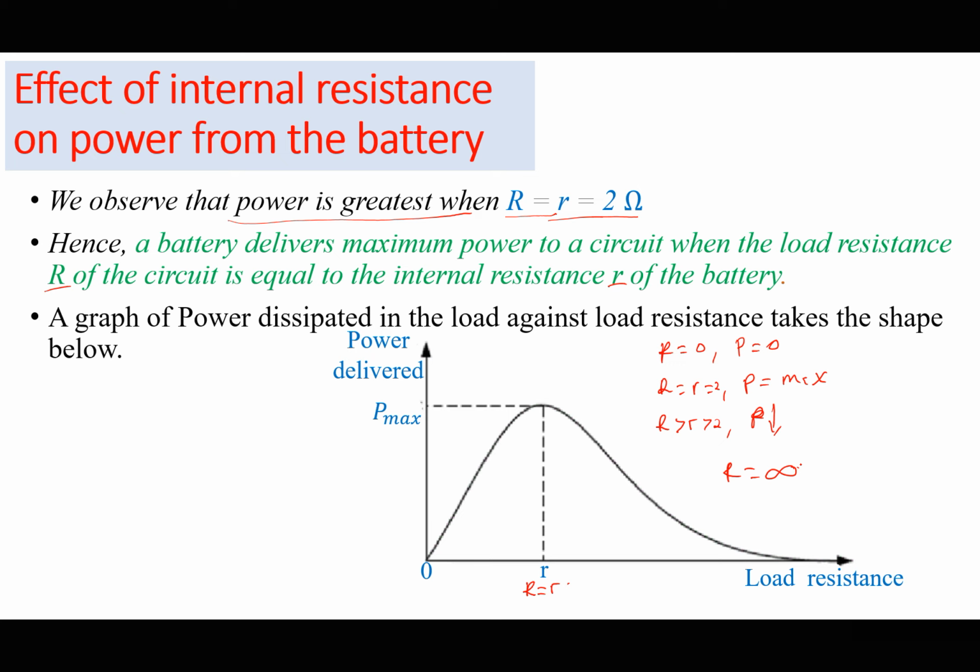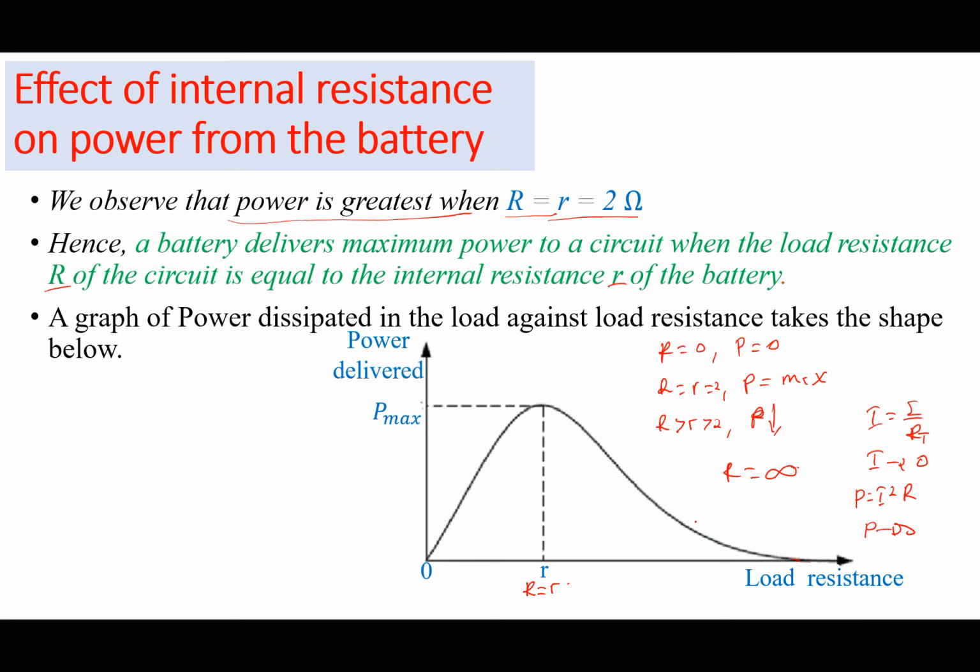When R equals infinity, the current equals 0, because remember, current is equal to the EMF over total resistance. So when R tends to infinity, the current tends to 0, and from power equals I squared R, the power tends to 0. That's why this graph may touch the x-axis with time, even though we cannot reach infinity.